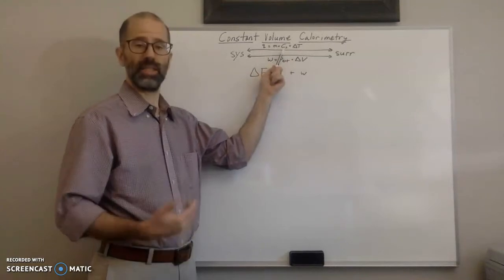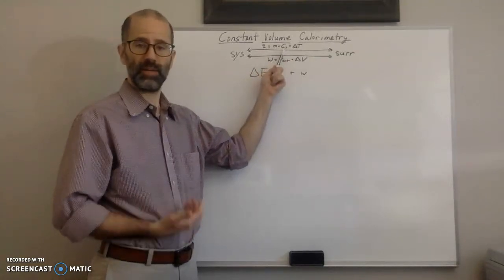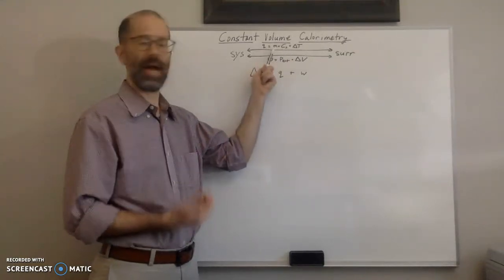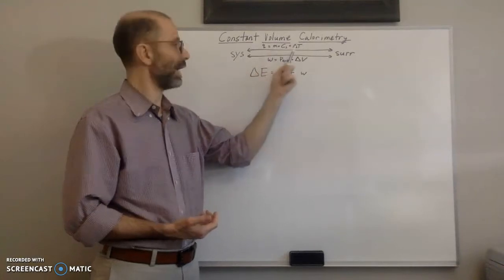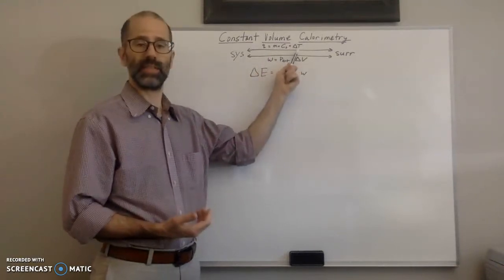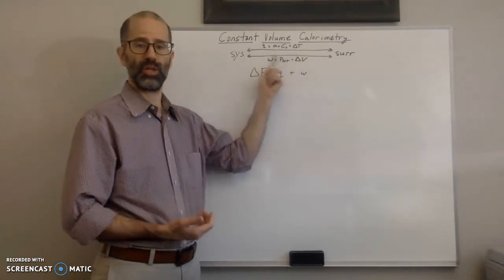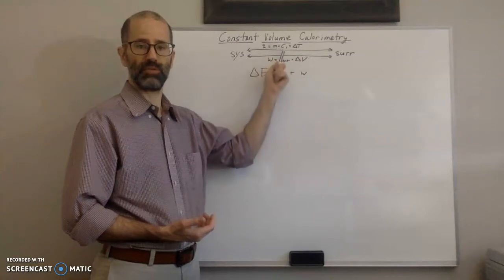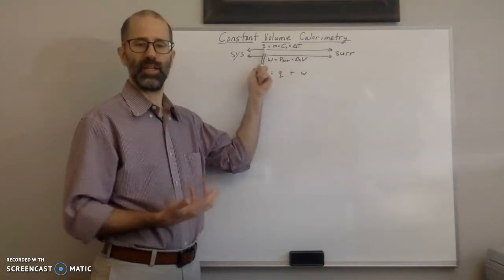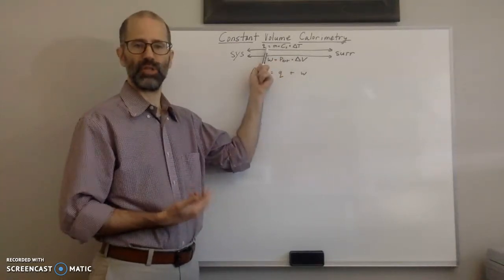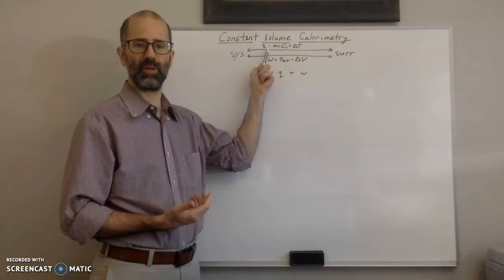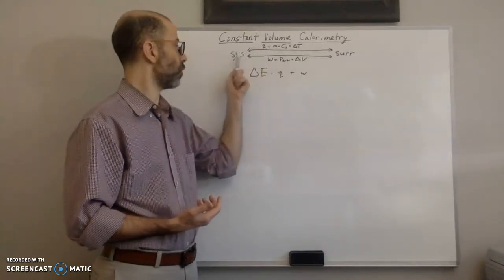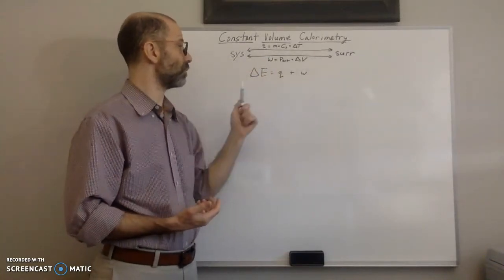If they give us the specific heat of a substance, and the mass of that substance, and also the delta T, or the change in temperature, we can use all this information to find the transfer of Q, the amount of heat, whether it's going to the system or going to the surroundings.